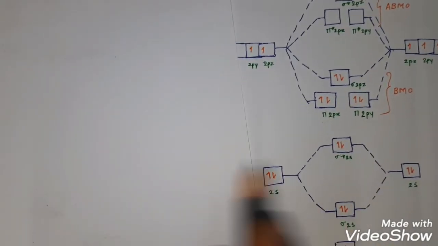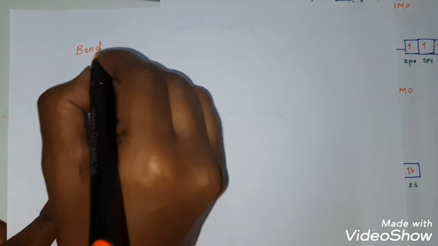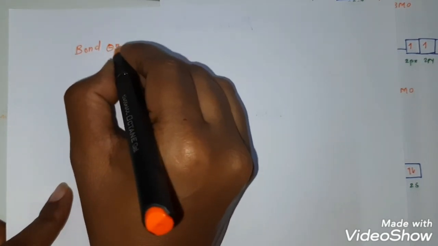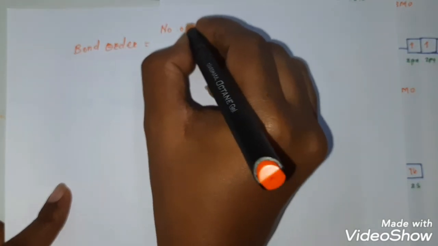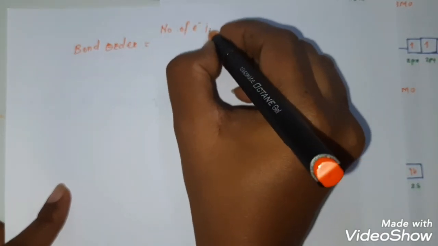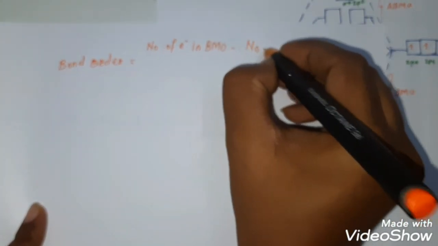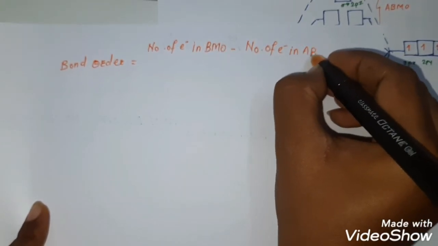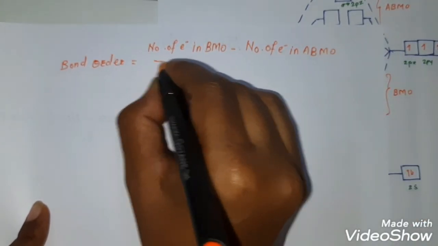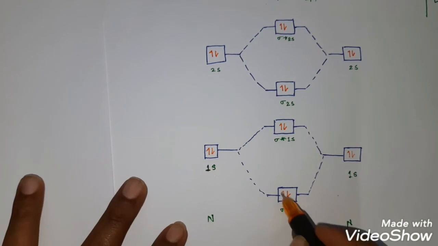We have the formula: bond order is equal to the number of electrons in BMO minus the number of electrons in ABMO, divided by 2.